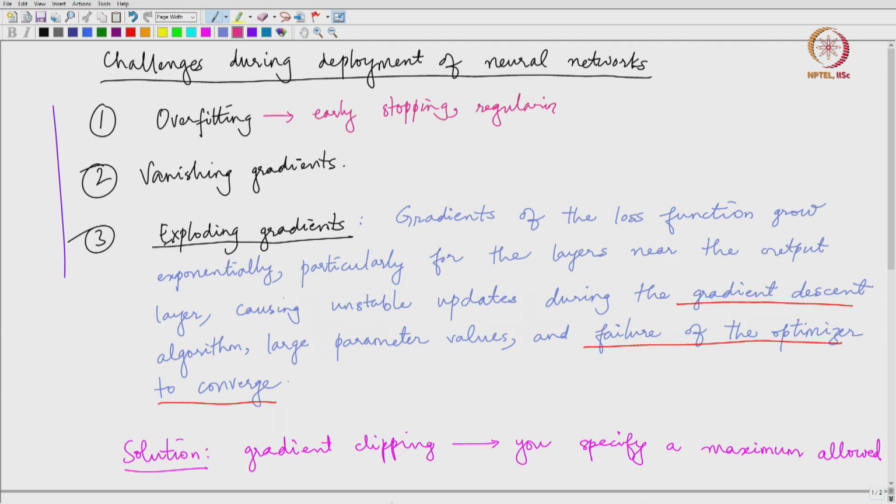This is also called weight decay. Then there was another option which was dropout. Essentially you allow some of the nodes to become inactive during the training phase, and that has to be factored during the inference phase of the neural network, and there are also other strategies like data augmentation.